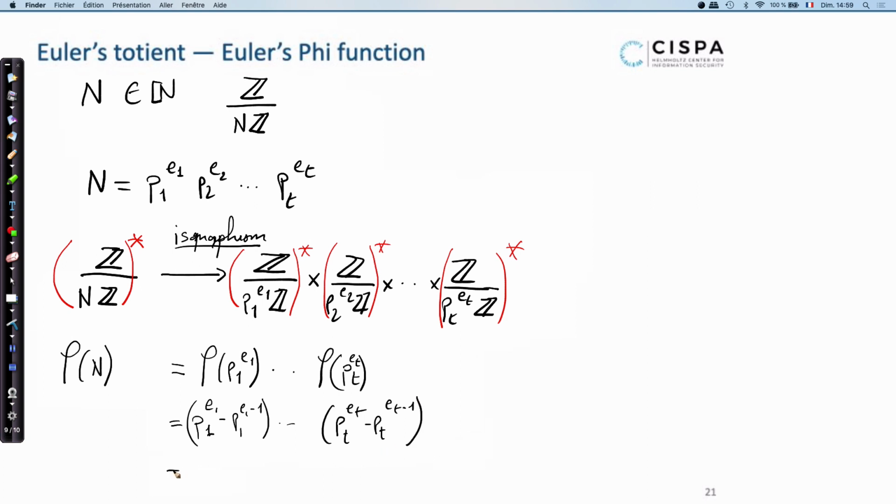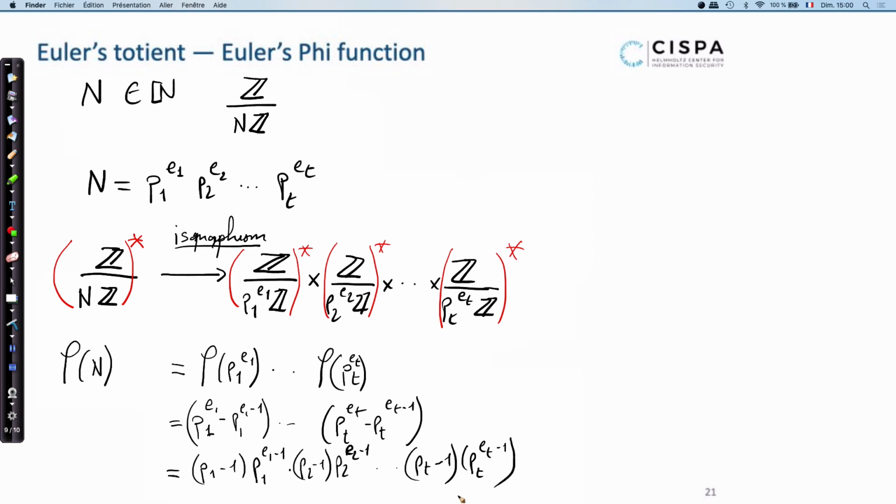And this is usually rewritten as (p1 minus 1) times p1 to the e1 minus 1, times (p2 minus 1) times p2 to the e2 minus 1, all the way to (pt minus 1) times pt to the et minus 1.